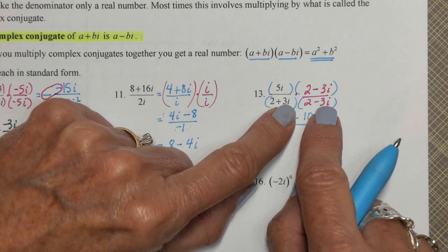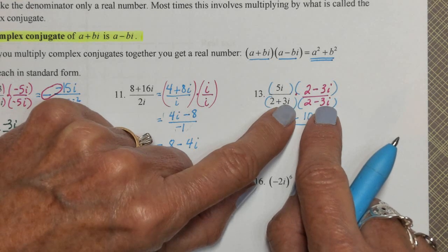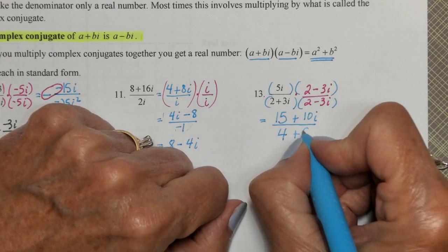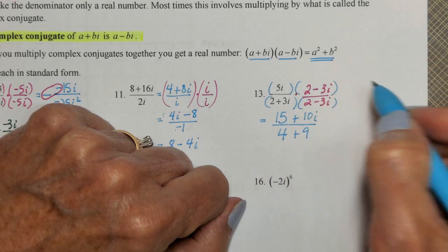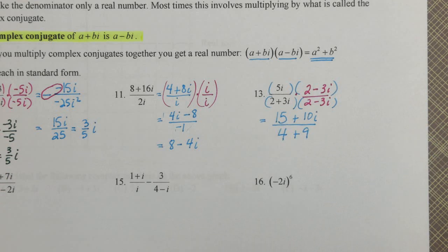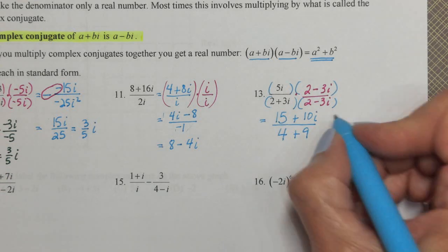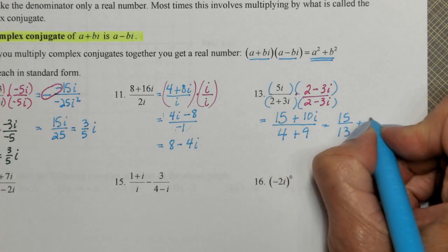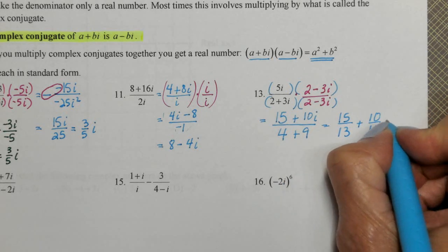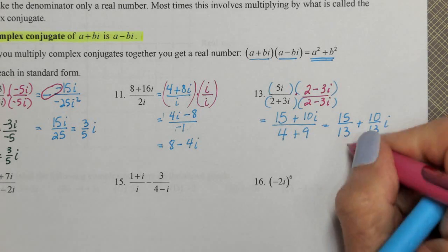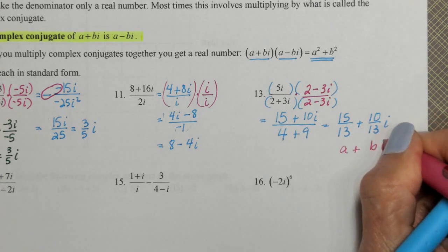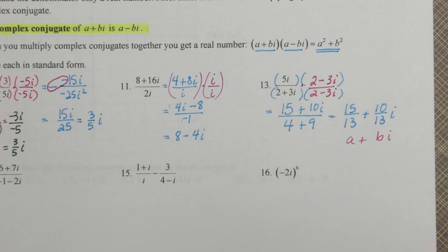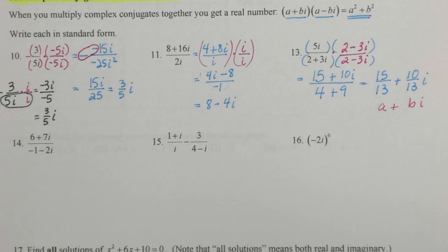Then in the back you have a negative 9i squared, which is plus 9. That's why you get a squared plus b squared in the back every time. So this is 15 over 13 plus 10 over 13 i. Do you see the a plus bi form, standard form? If they say standard form, write it in standard form.